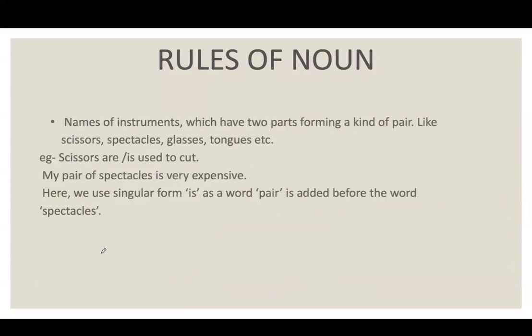Next we have names of instruments. Names of instruments which have two parts forming a kind of pair are always plural. Scissors are sharp. A pair of spectacles is very expensive. Here we use the singular form, as the word pair is used before the word spectacles.